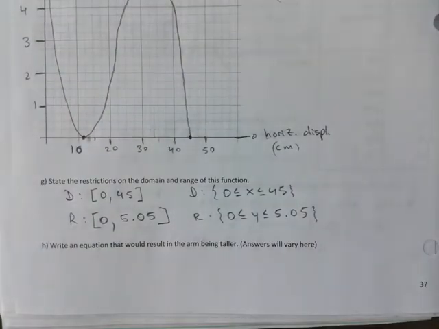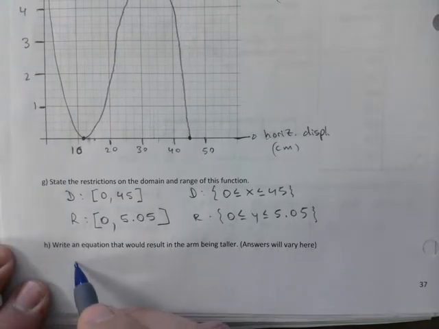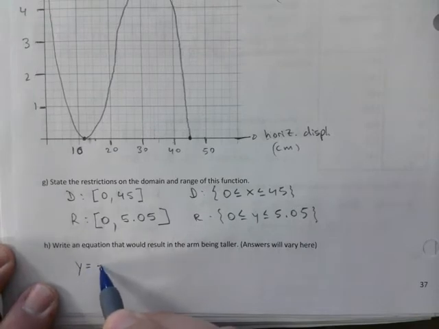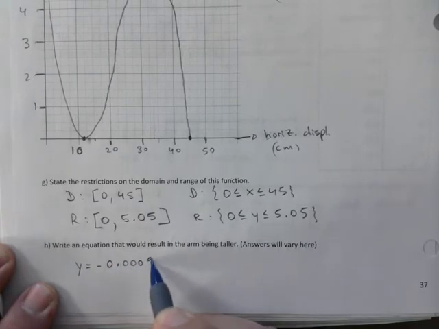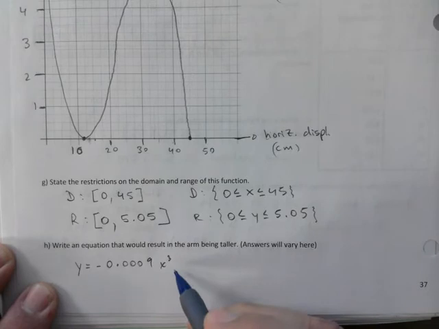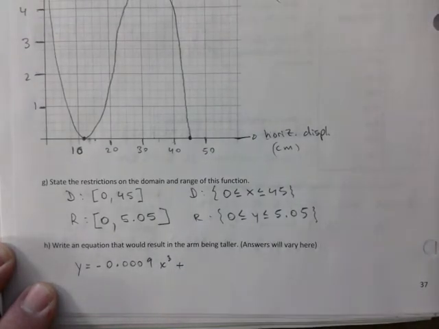Write an equation that would result in the arm being taller. Answers will vary here. So I'm gonna, was it 3 zeros, right? I'm just gonna run the regression again here so that you don't have to.